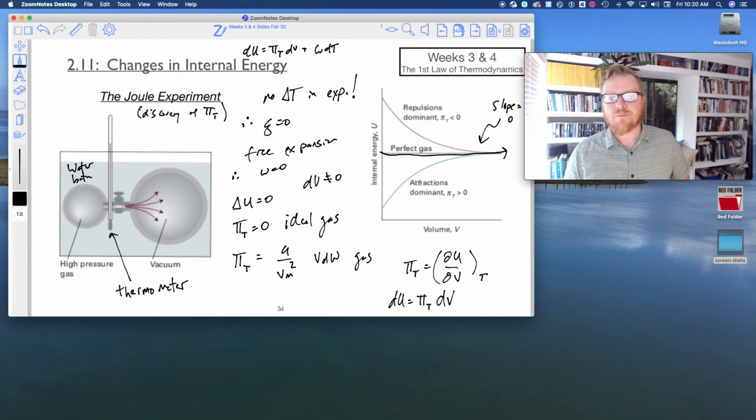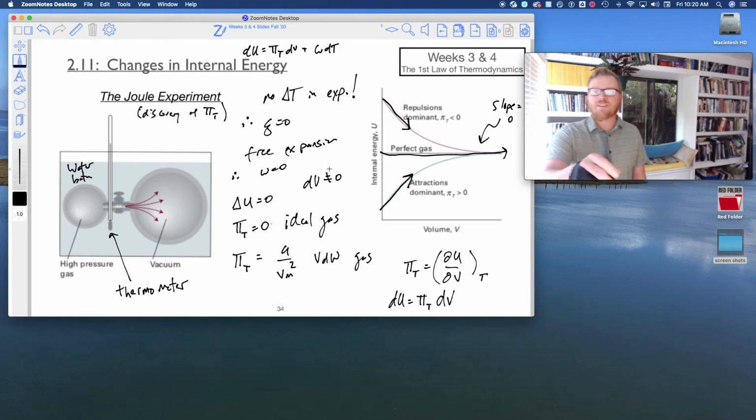However, if we're in a regime here where pi_T is greater than 0, we kind of have to think about why a positive slope of this would lead to attractions and why a negative slope of this would lead to repulsions. And you have to consider what's happening as a result of the change, okay?